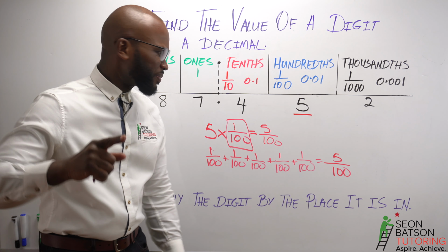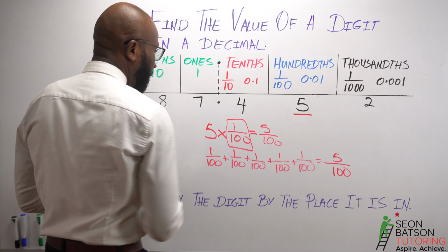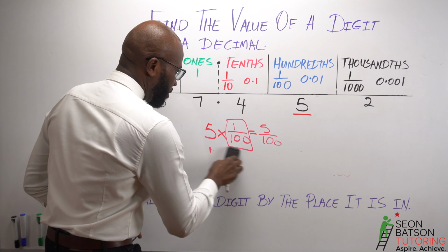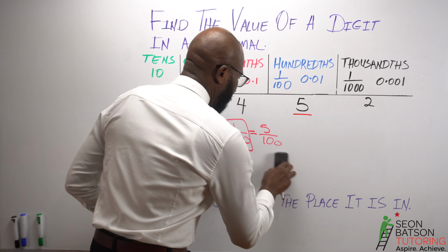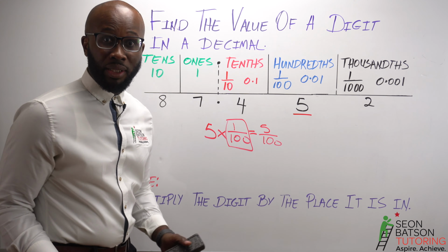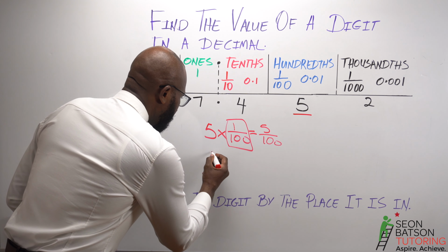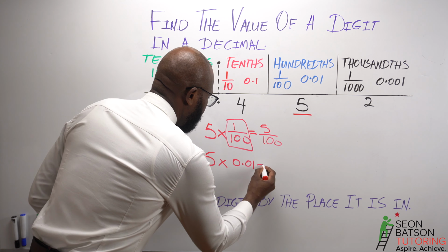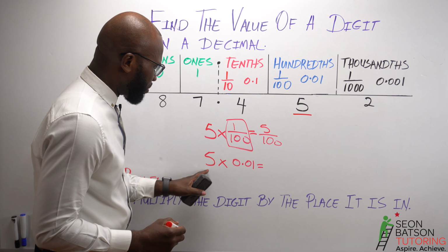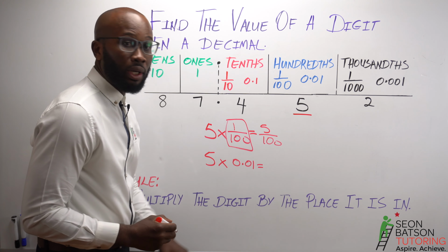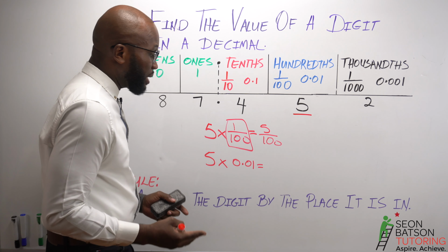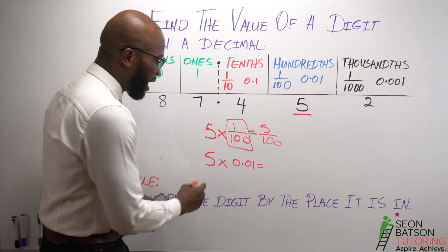Now let's multiply the 5 by the decimal 0.01 and write the value of the 5 as a decimal. So we'll go 5 times 0.01. What would be the value of 5 times 0.01? Well, 5 times 0.01 simply means that we have 5 of this decimal, or we have 5 0.01s.